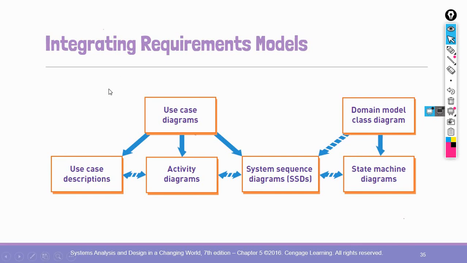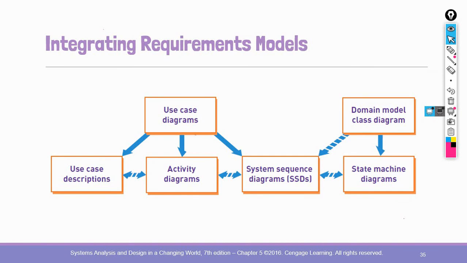Note that the use case diagram and the domain model class diagram are the primary models from which others draw information. You should develop these two diagrams as completely as possible.